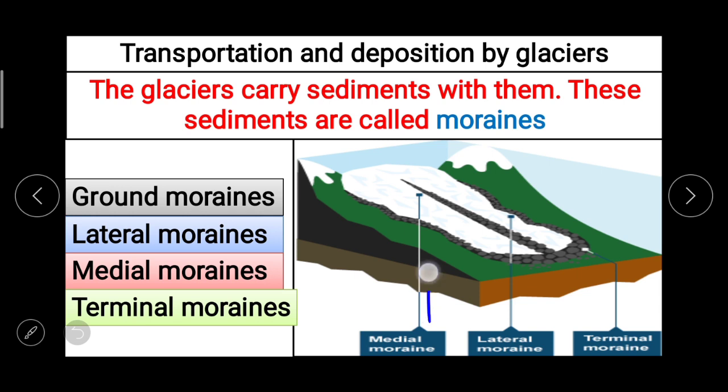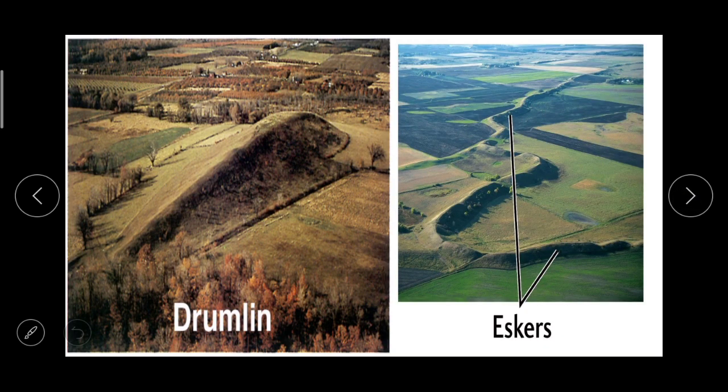Here now you can see this one is medial, this one is lateral and this one is terminal. The depositional work of glaciers produces landforms like drumlins and eskers. Here again you can see how it formed.